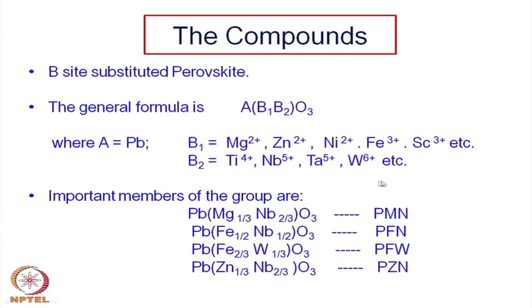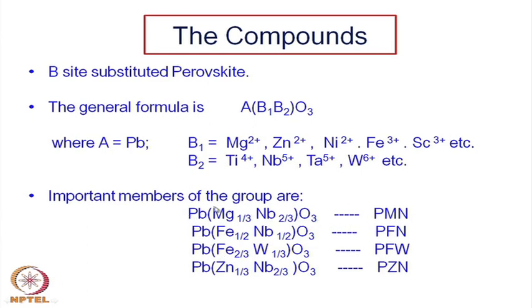So, these are the possible atoms in the B site: Ti 4 plus, niobium 5 plus, tantalum 5 plus and tungsten 6 plus. So, these are the different ions which can be there in the B2 site, and B1 will correspond to magnesium, zinc, nickel, iron and scandium, either 2 plus or 3 plus. Accordingly, you have several compounds here which have been listed.